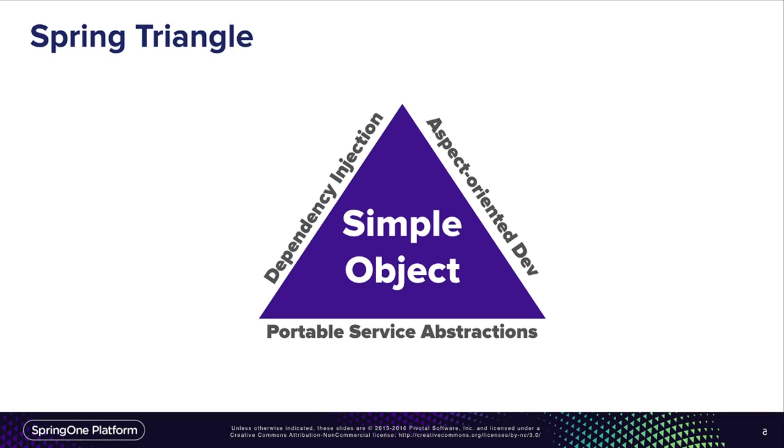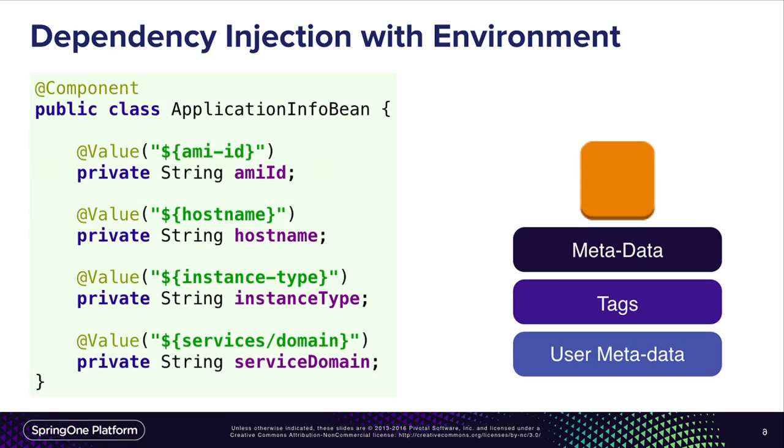And it all starts with dependency injection, for example. We all know dependency injection, we all love it. And the first thing we typically do, whenever I run in the cloud, is I need information about my environment. I need to know where I run. I need to know what instance I'm probably running. I need all the information about my environment. If I run my Java application on an EC2 instance, there is different metadata I can use.